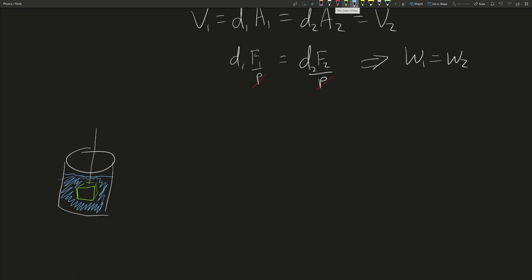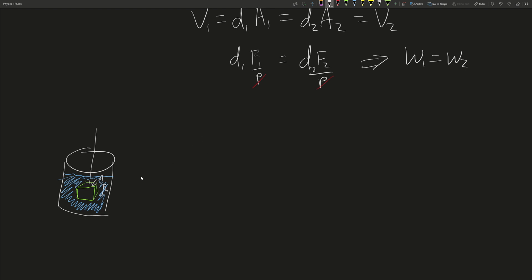And so let's call the height of the object H, and then we'll call the top of this A. So this is the area of the top or bottom surface, and then H is the height of the object. If we're only considering the buoyant force, we know that the pressure at the top is going to be some value.